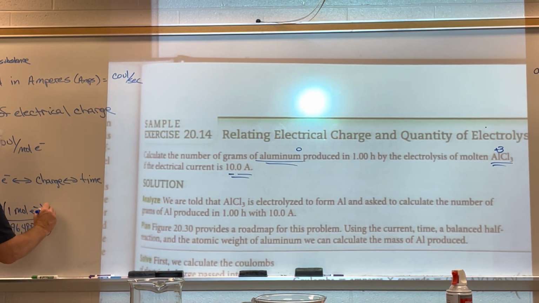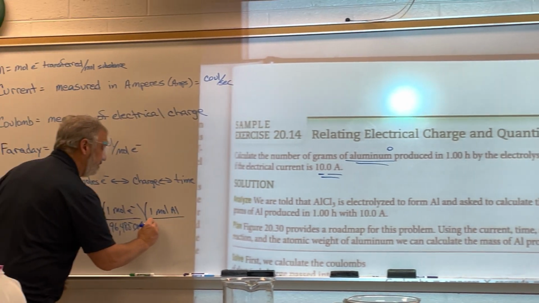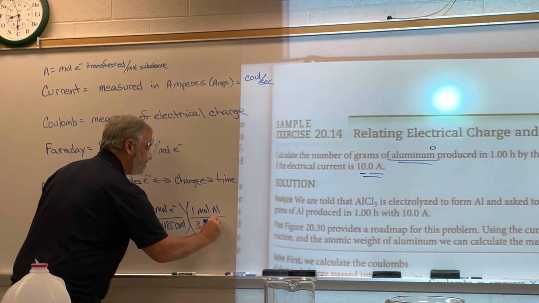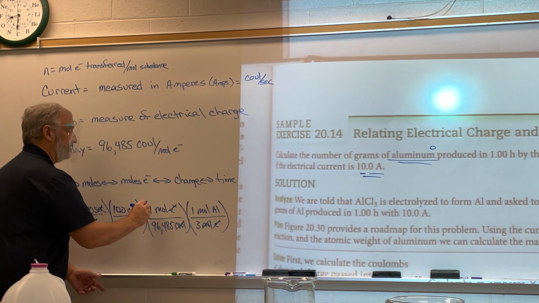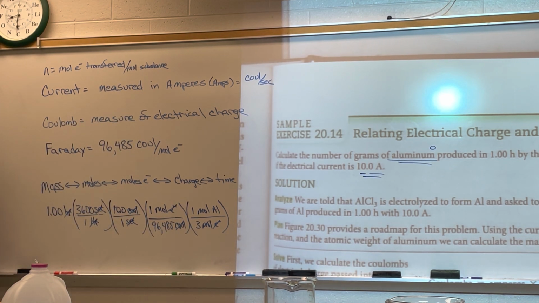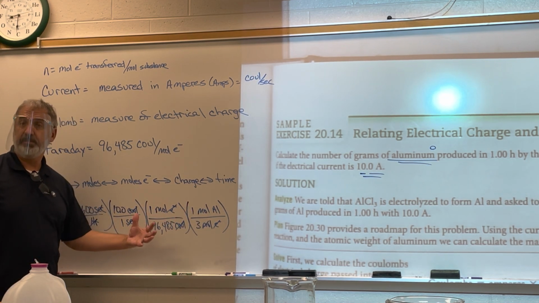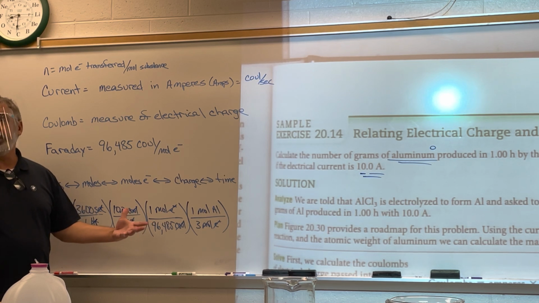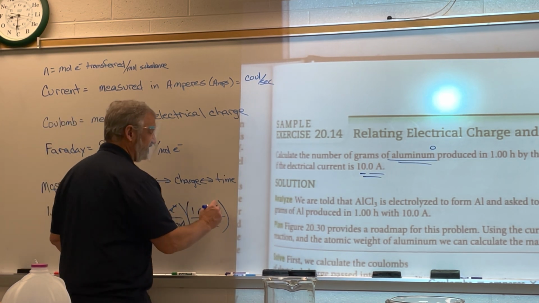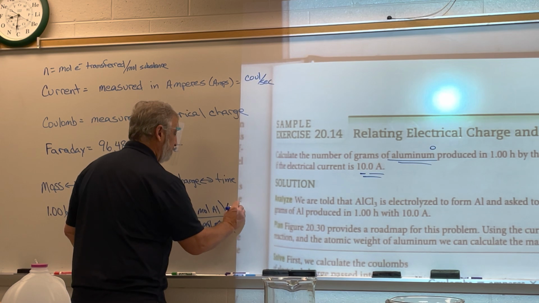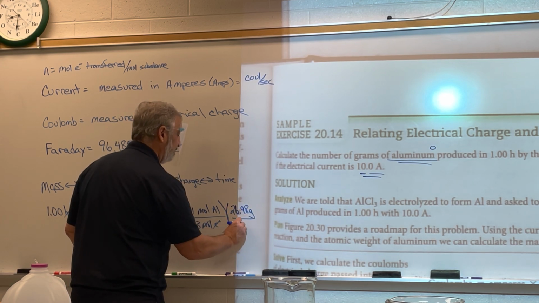So there's 1 mole of aluminum for every 3 moles of electrons. Moles of electrons cancel. That tells me there are enough electrons to electrolyze this many moles of aluminum. But I want grams, so how do I go to grams? Molar mass, which is 26.98 grams over 1 mole.